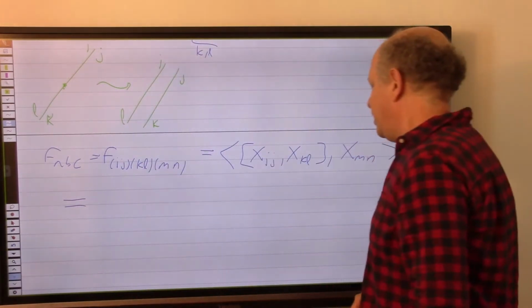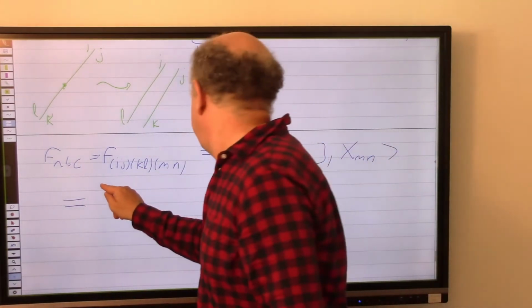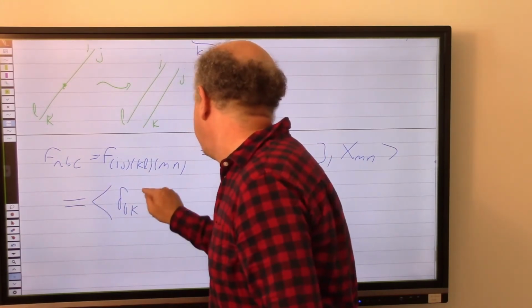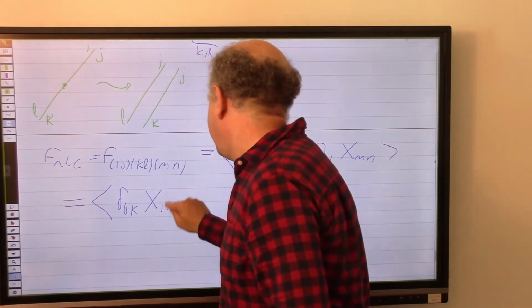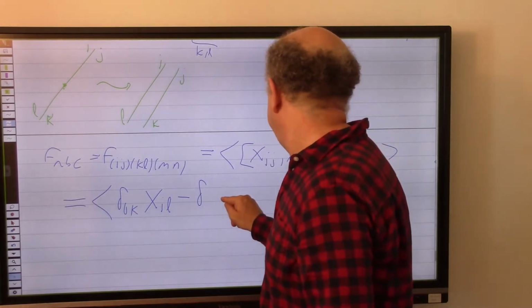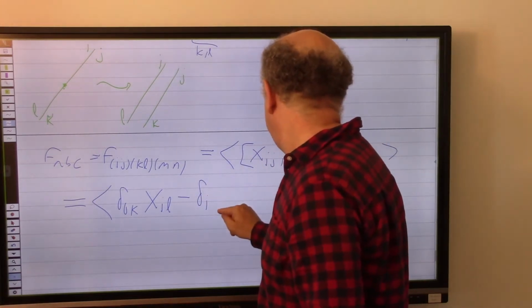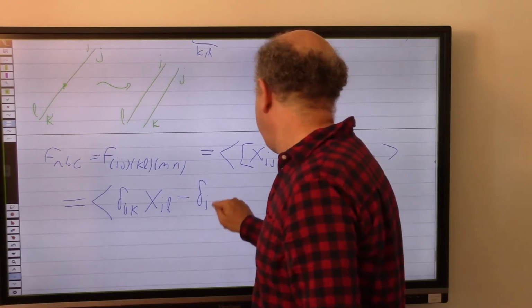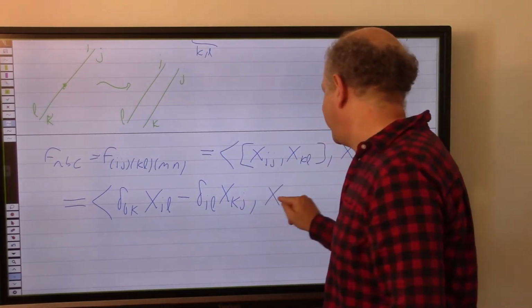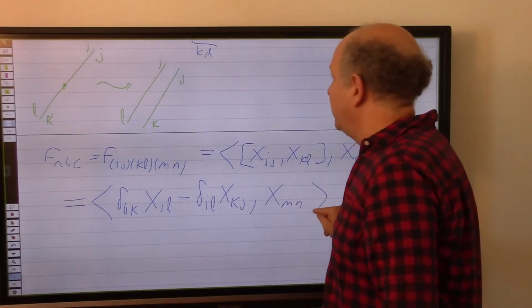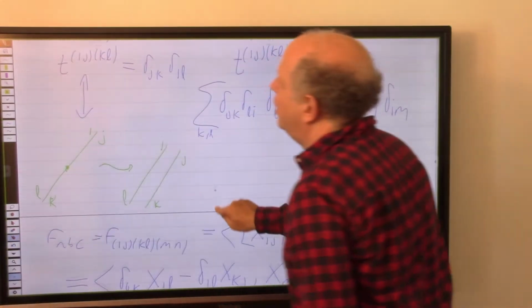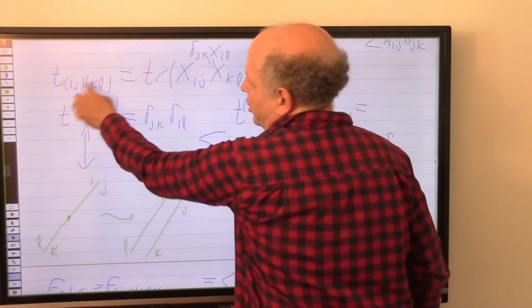This is the inner product of delta_jk x_il minus delta_il x_kj, with x_mn, and again the rule for the inner product is written here or here.